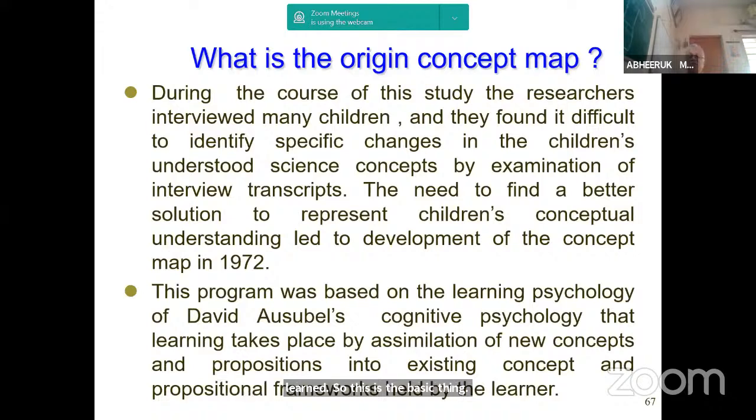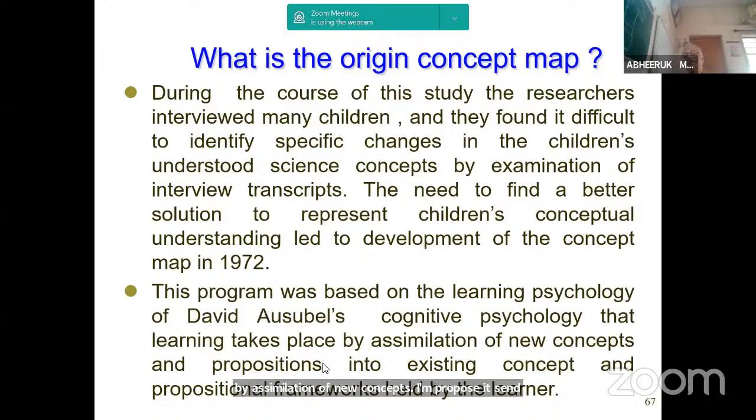And for that work also, he depended a lot on the learning psychology of David Ausubel. He is a big educational psychologist, David Ausubel. Ausubel's cognitive psychology says that learning takes place by assimilation of new concepts and propositions into existing concepts.